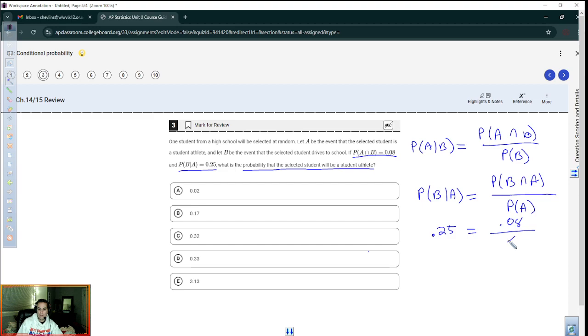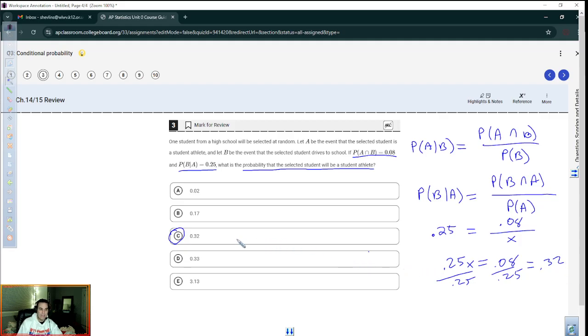You're figuring out this one, we'll call it X. So solve your algebra, cross multiply, divide by 0.25, and there's your answer. 0.08 divided by 0.25 is 0.32. There's the right one for that problem. So 0.32 on that one.